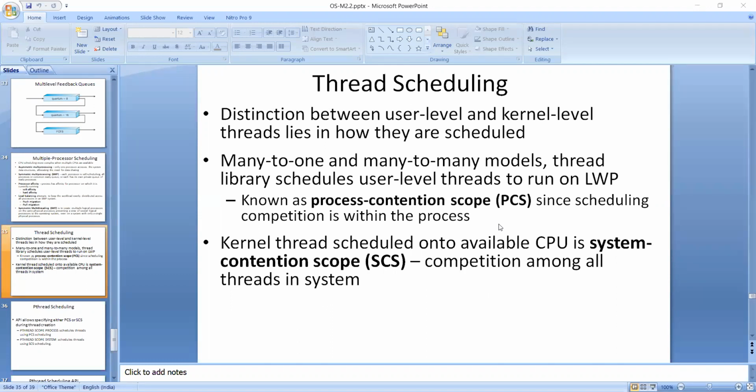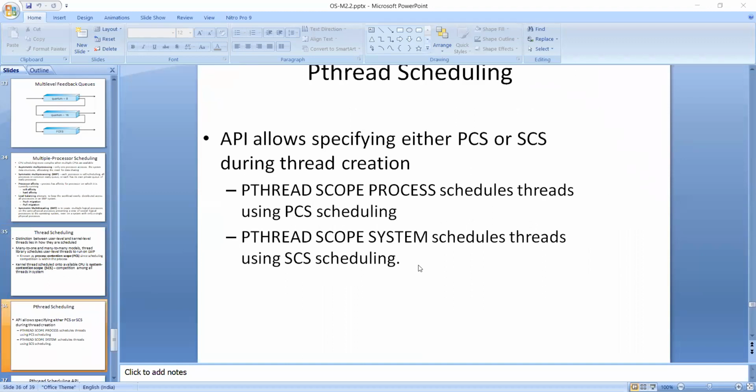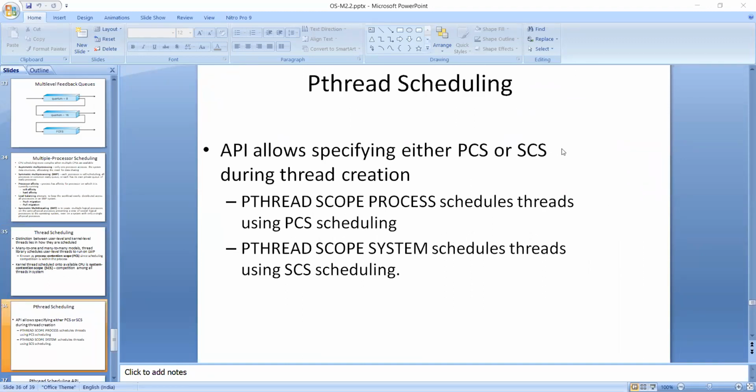If there is competition among all the threads in the system, it is system contention scope, SCS. This is thread scheduling.